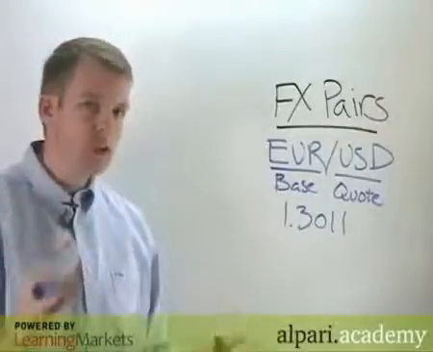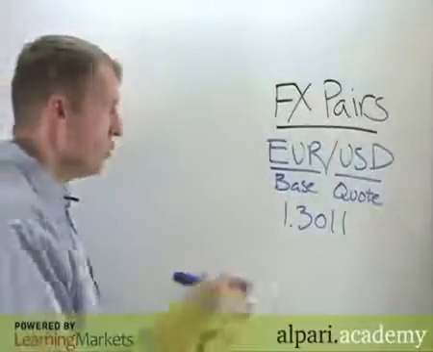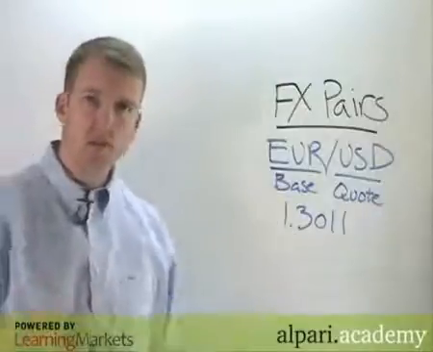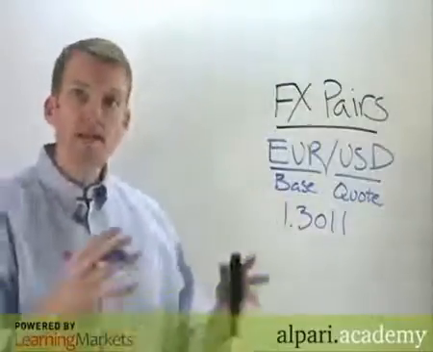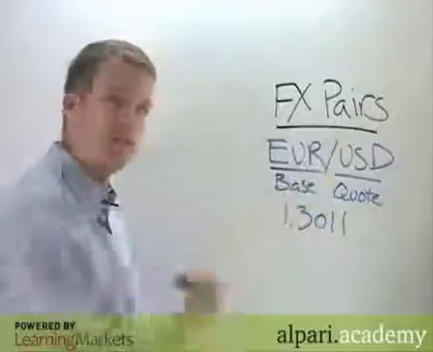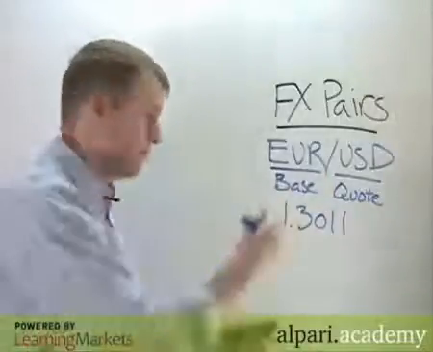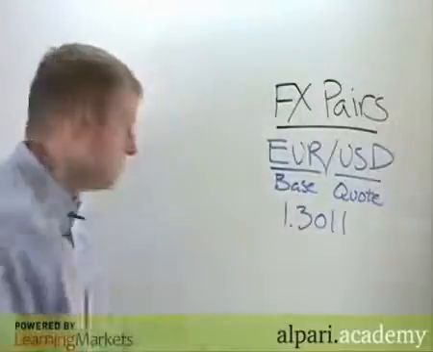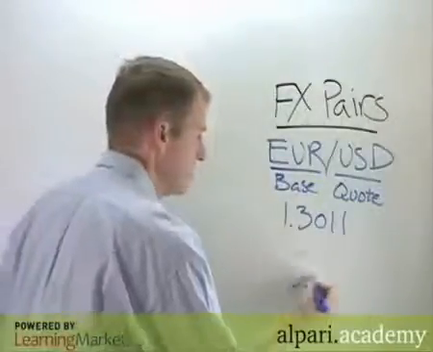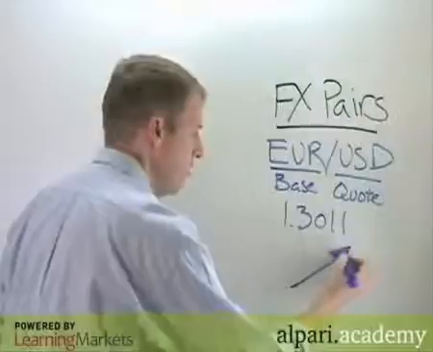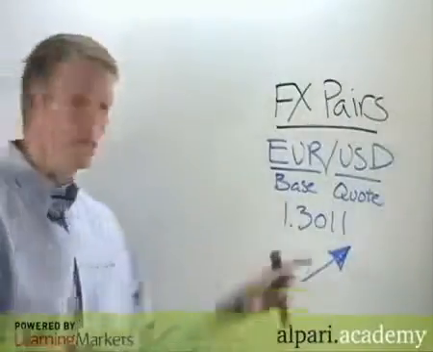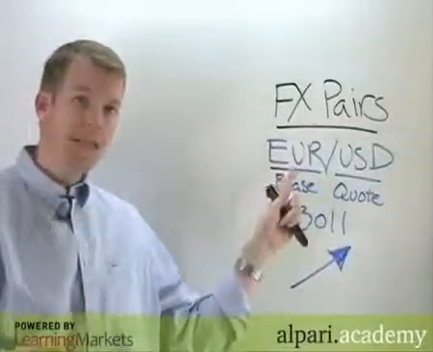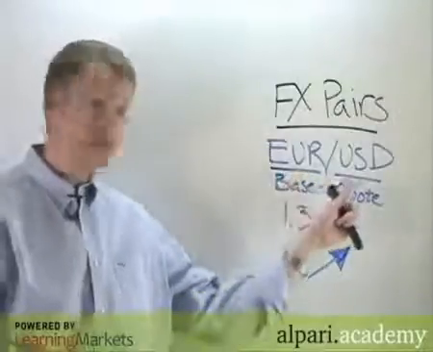Now the second thing that you have to really understand is when you're buying or selling an exchange rate, you're essentially making an investment that one of these currencies is going to weaken or strengthen, as the case may be, versus the other one. So, in this case, if we were to imagine that the Euro USD was going to go up, what we're really saying is that we think that the euro is going to gain in value versus the dollar.